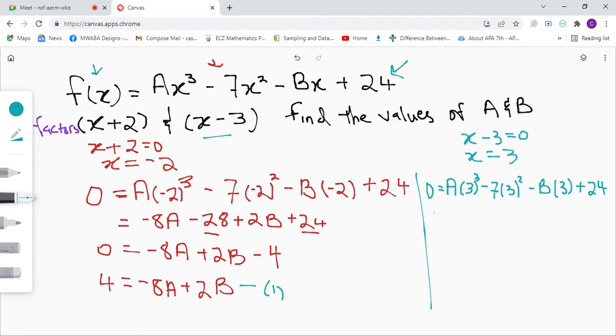So 3 cubed is 27. 27 times a, we get 27a. 3 squared is 9. 9 times negative 7, we get negative 63. 3 times negative b, we get negative 3b. Plus 24.